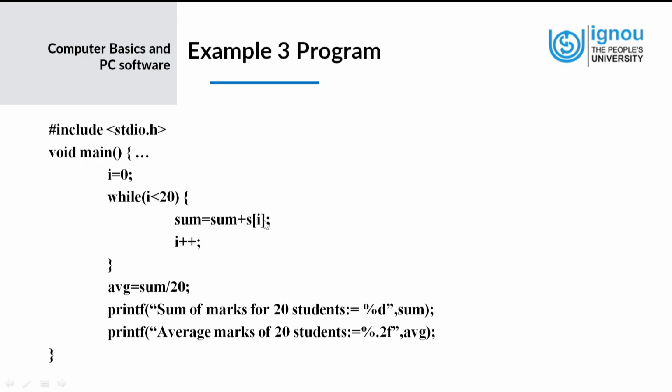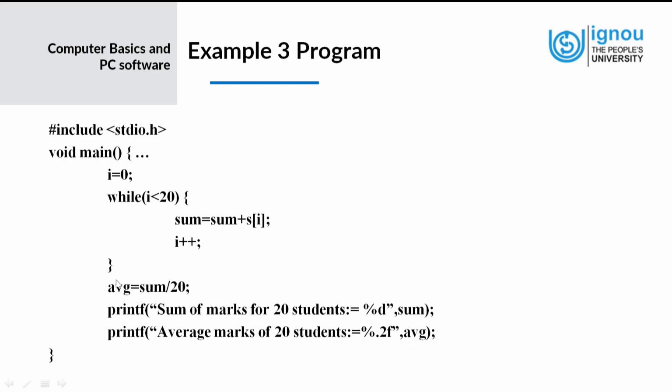First iteration it will get S0, next iteration S1, third iteration S2, S3, S4 till S19. When S becomes 19, at that point of time I becomes 20. That is where this while loop is going to terminate, because I is no longer less than 20. It is 20, so this condition makes sure that the loop terminates and you fall through to the next statement.